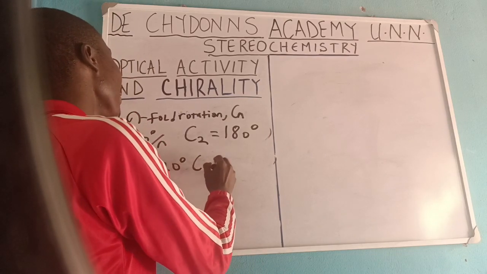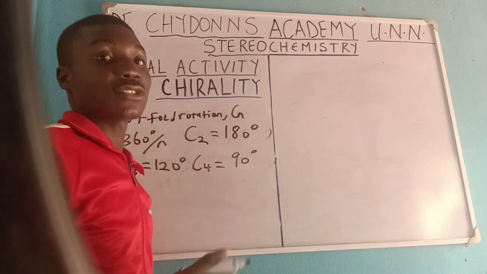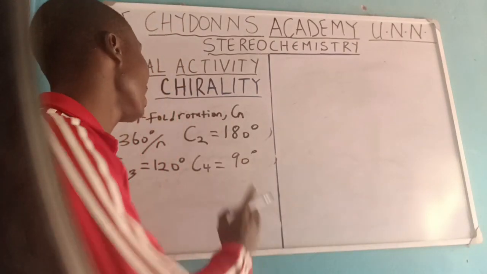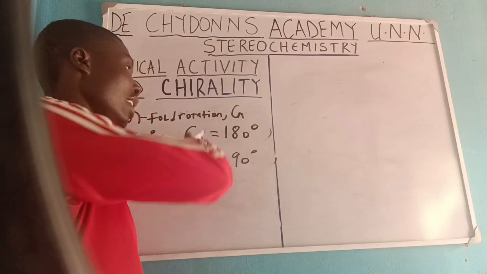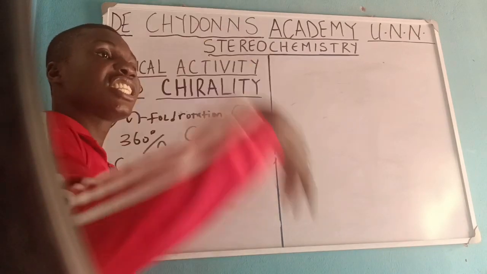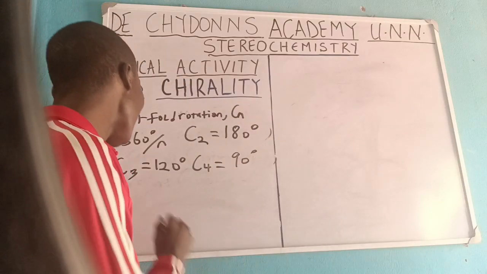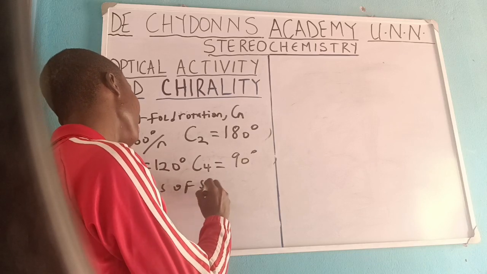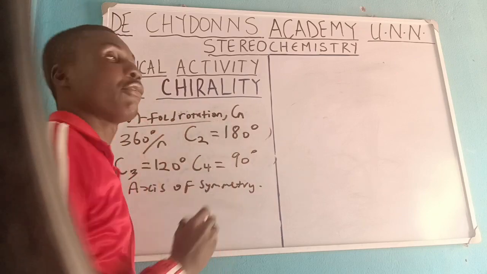C4, when n is equal to 4, is going to be 90 degrees, and so on and so forth. Now when a molecule has any n-fold rotation such that when it rotates in any of these folds, it gives back the original, it means that it has an axis of symmetry, or it has this symmetry operation, n-fold rotation.